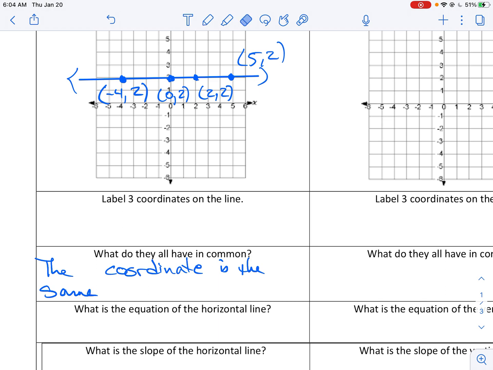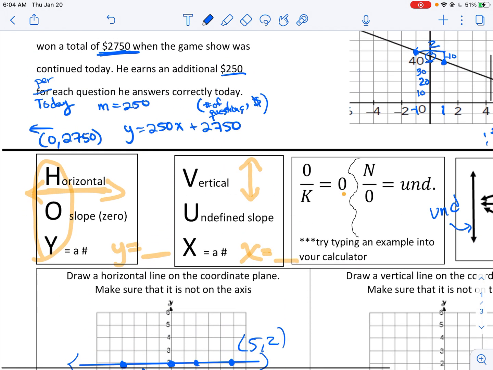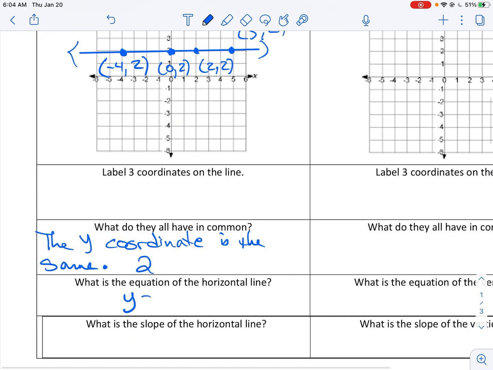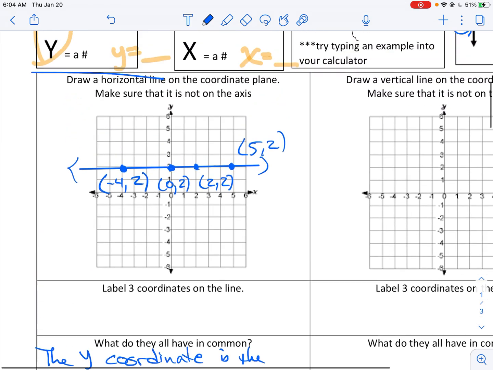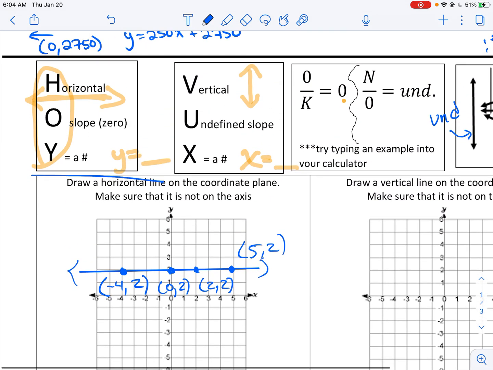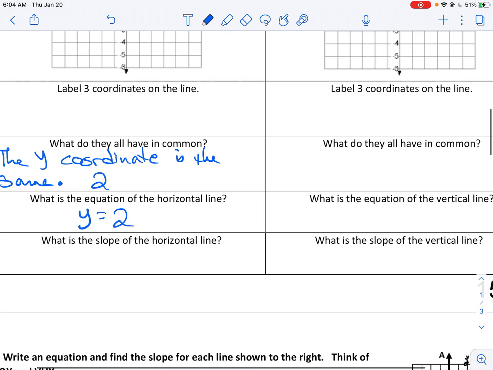How about the y-coordinate? Sorry about that. Is the same. It's 2. So anytime you have a horizontal line, look right up here, horizontal line says that it's y equals. So y equals, and what number did it equal? Equaled 2. And what's the slope of a horizontal line? Right here, it says 0.